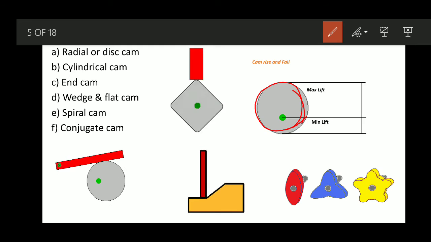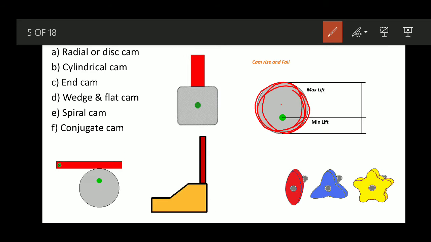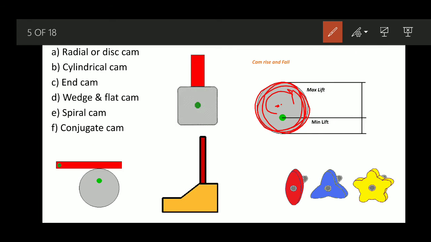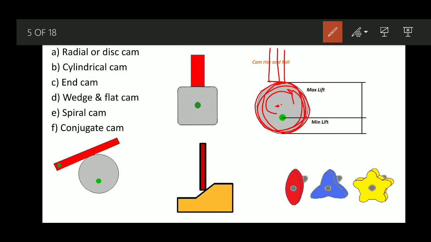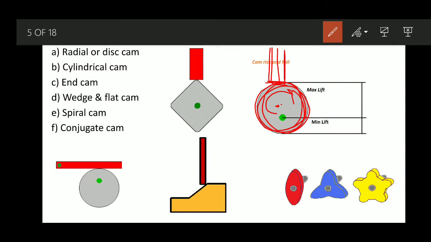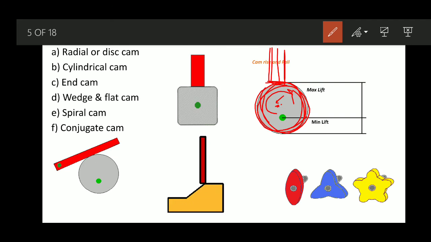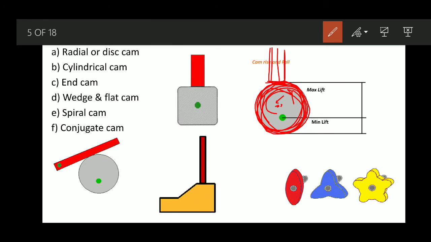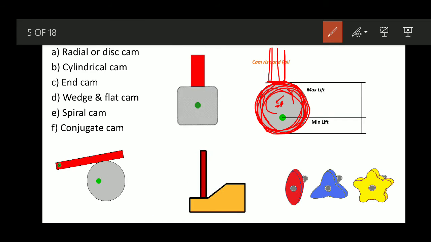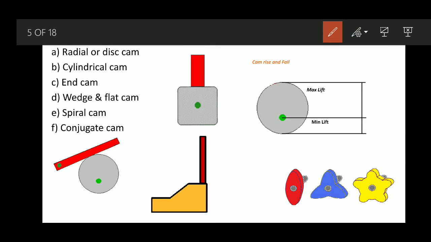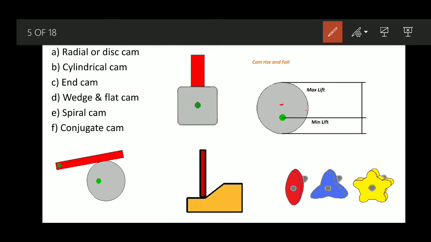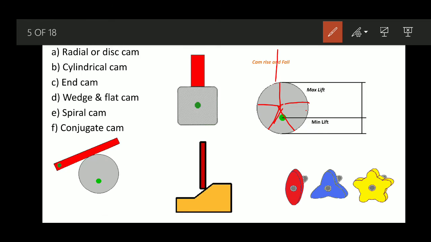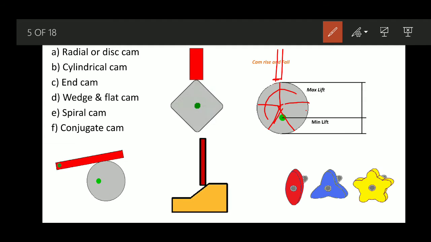If the axis of rotation were exactly at the geometrical center of the circular cam, the distance from that point to all positions on the surface would be the same. So if the follower is here, it will remain there even if the cam keeps on rotating.